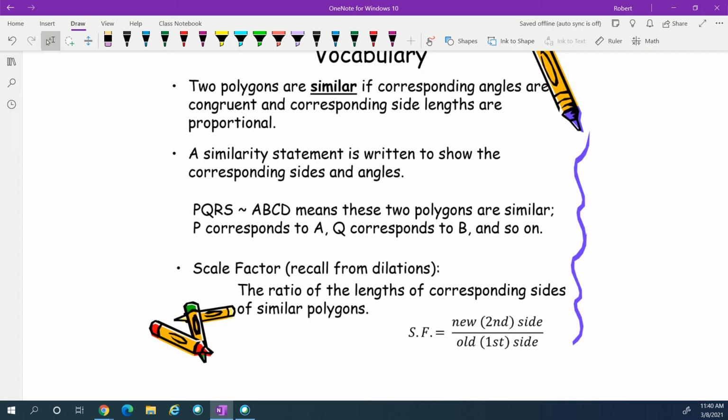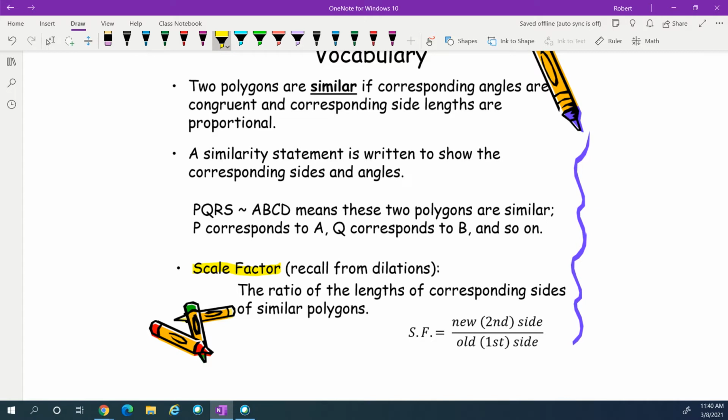So again, similarity means that the angles stay congruent, but the sides are proportional. We can write a similarity statement in corresponding order. So we've been doing corresponding order for a long time. And just a reminder of scale factor from back when we did dilations. Remember, a dilation on the graph makes the image bigger or smaller. So it creates a similar image.